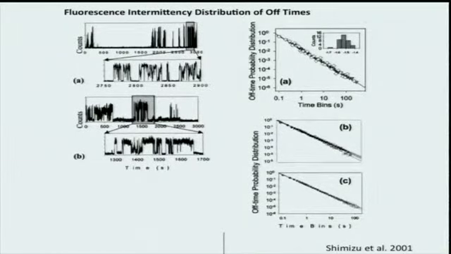You shine light on the quantum dot, and sometimes it fluoresces, and you continue shining light, and then it stops, and then it fluoresces again. And so you get these so-called trajectories of light on and off. And you can see that these are relatively nice trajectories, a little bit like a picket fence.